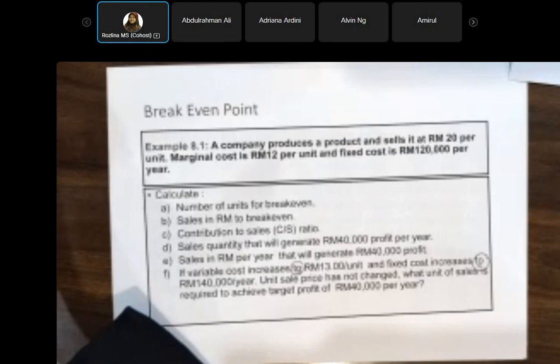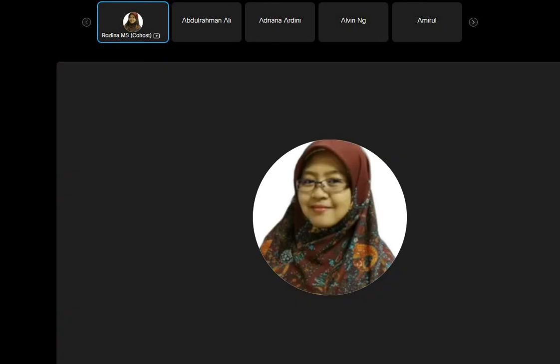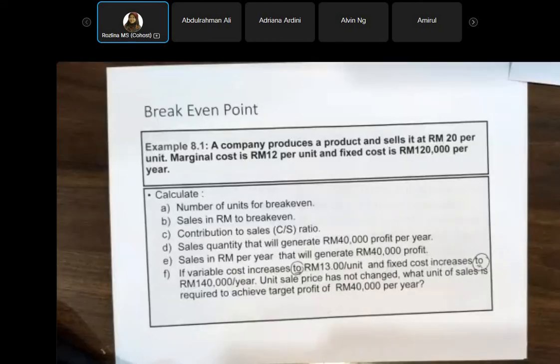So they have their cost there. You want to compare with your cost if you produce it, and also if you purchase from the other company. That is how all the case studies are here.